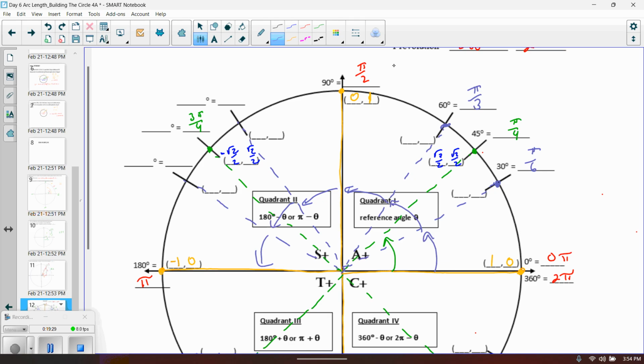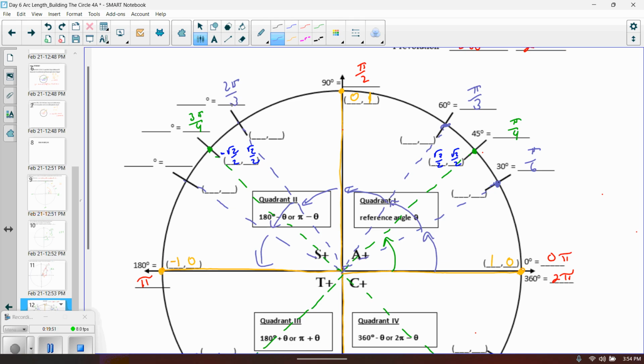Well, the one at the very top would be 3 pi over 6, but again, 3 over 6 reduces to 1/2. It's already done for us because we already have pi halves, which makes the next one 4 pi over 6. But 4 pi over 6 also reduces because 4 over 6 reduces to 2 over 3. So that's 2 pi over 3.